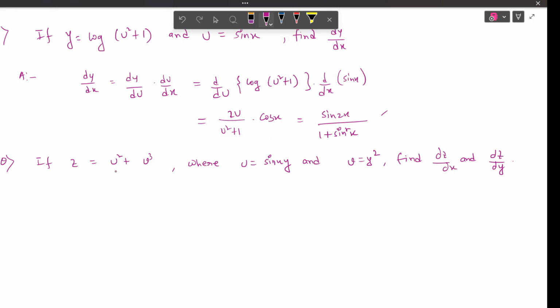See here, z is a function of u and v, u is a function of x and y, and v is a function of y.